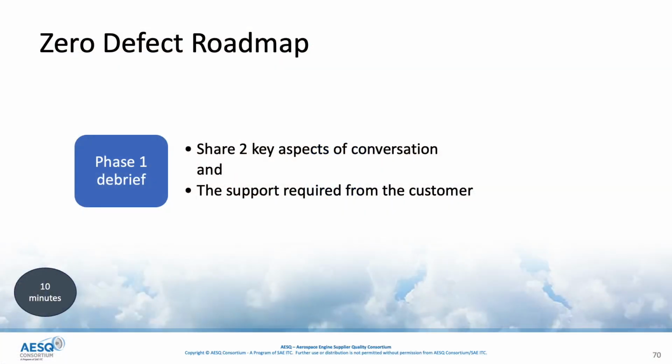We won't be able to hit every table, but we'll try to hit tables that we did not see in the prior exercise. And again, share 2 key aspects as part of that outbrief. 2 key aspects of the conversation you had for this particular phase. And of course, what support you would need from the customer.